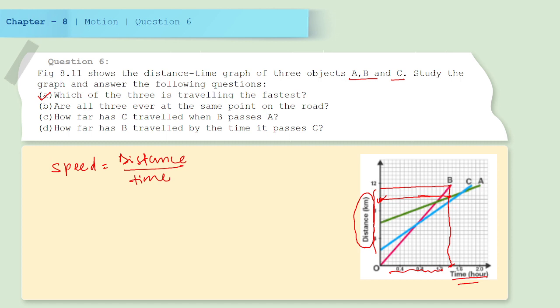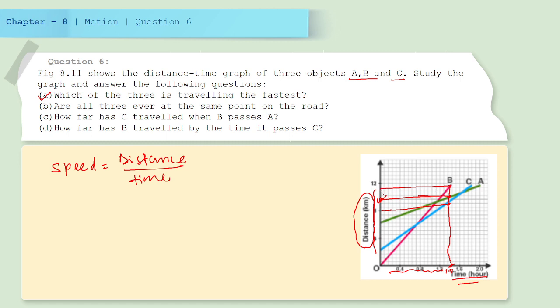Now for the same time, object C has traveled approximately 8 kilometers. So in 1.4 hours, object A has traveled 10 kilometers, object C has traveled 8 kilometers, and object B has traveled approximately 11 kilometers.